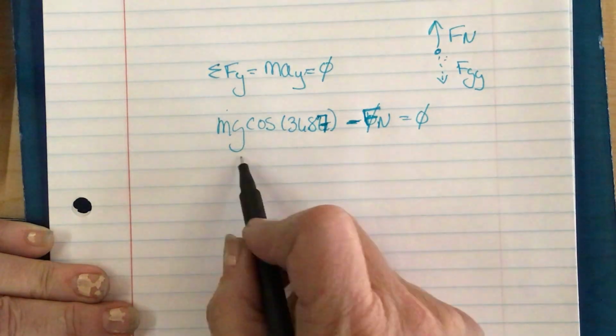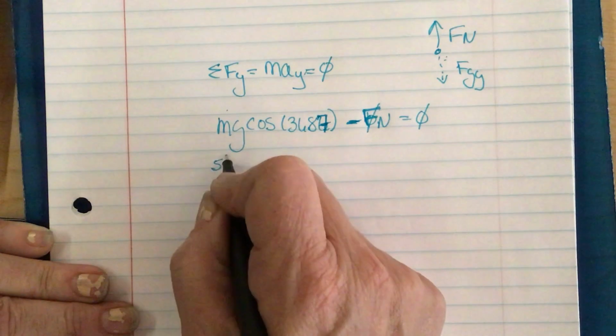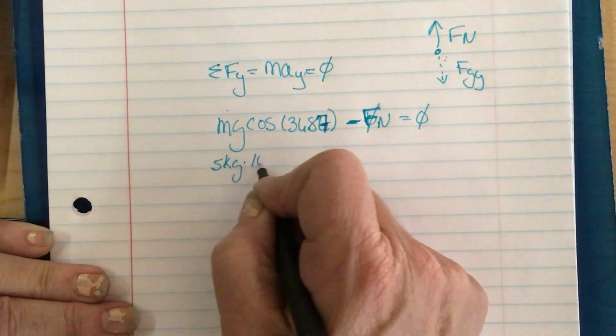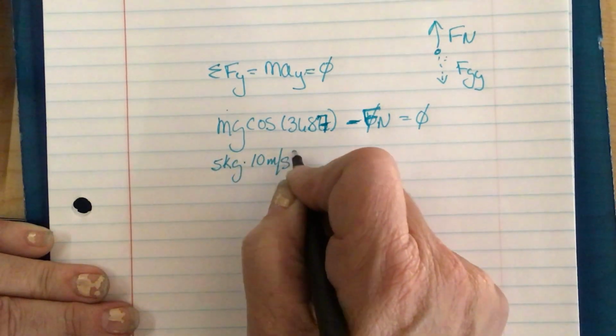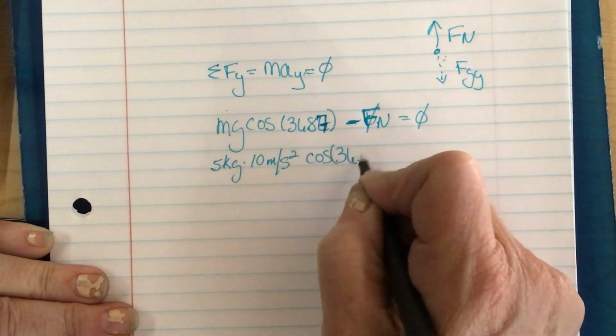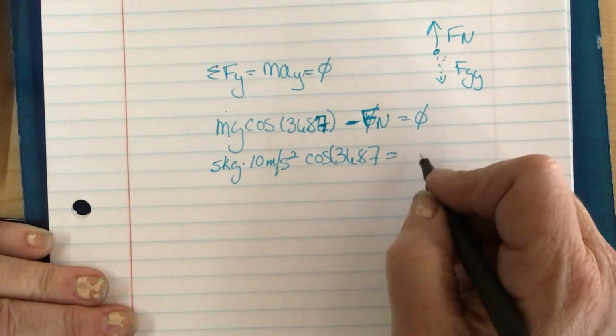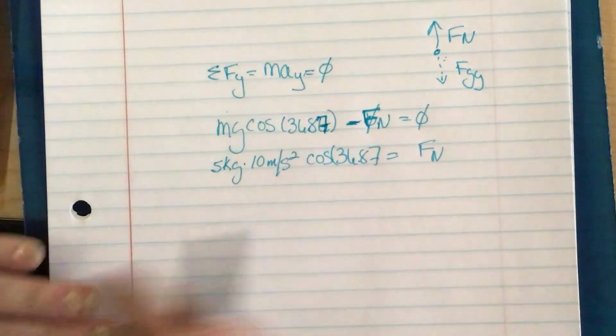All right, so we have to go in and substitute in our mass. We know our mass is 5 kilograms times 10 meters per second squared times the cosine of 36.87. And I'm just going to put F normal on the other side, equal to force normal.